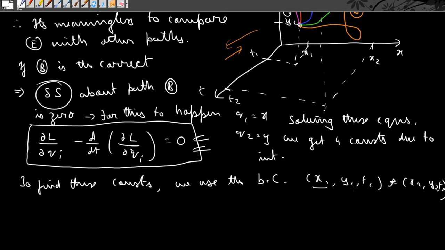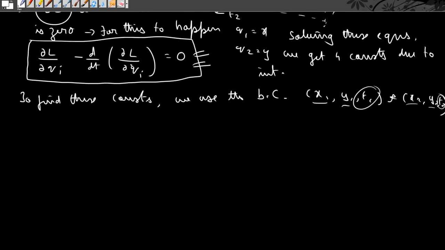So if we know x1, y1 at t1 and x2, y2 at t2, we can use these two conditions to solve for the unknown constants, from which finally we get x of t and y of t.